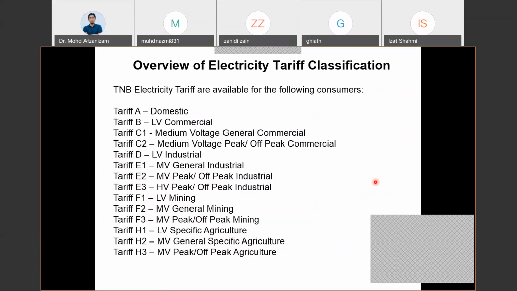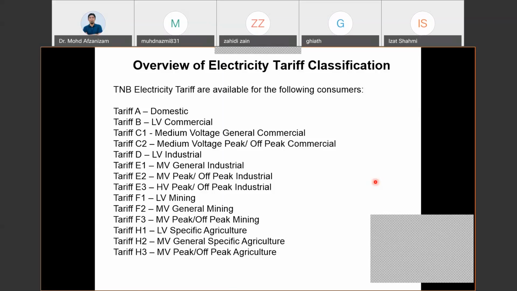G, what is the meaning of TNB? Anyone? Tenaga Nasional Berhad, TNB.